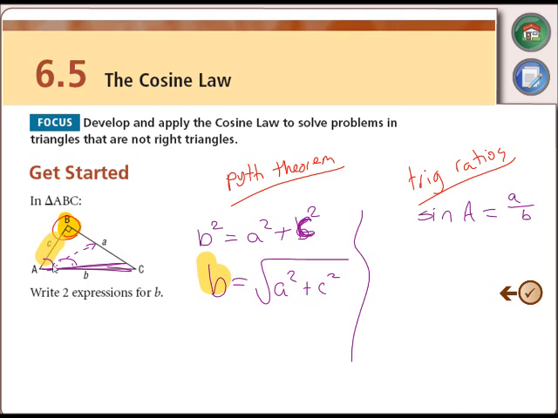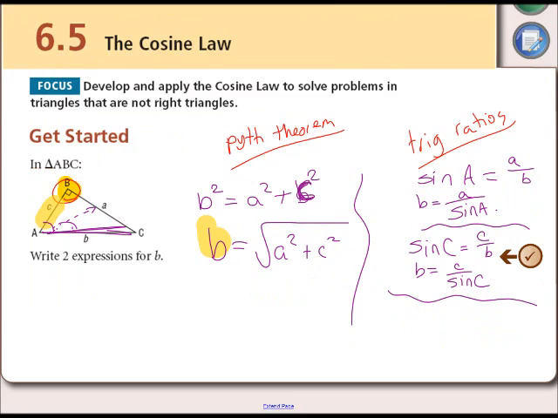So we could say a over b. So then b is equal to a over sine A. We could have done the same thing from angle C. So we could have said sine of C is equal to c over b. So then b is equal to c over sine C.